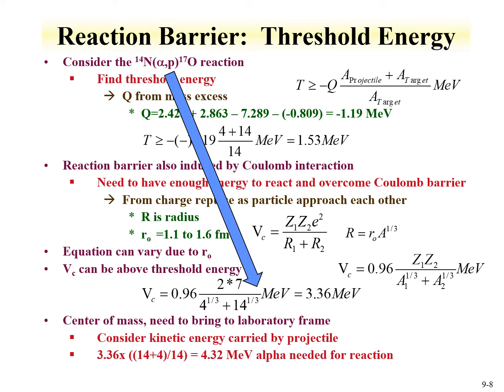This is a center of mass equation, and we need to convert this into a laboratory frame, so we multiply the terms by the ratio of the projectile plus target divided by the target, and we see that what's needed in the laboratory is an alpha particle with an energy of about 4.3 MeV needed for this reaction to occur, which is what Rutherford was able to see.